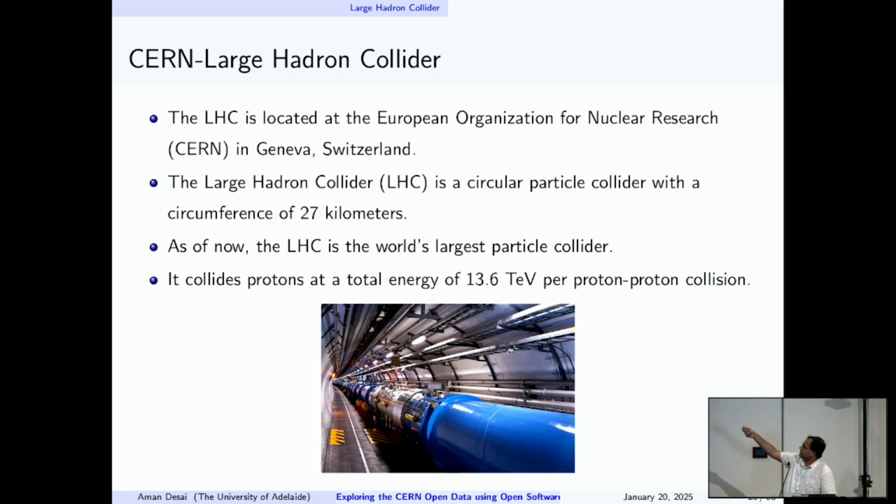This ring, this circular particle collider, is about 27 kilometers circumference. And the future circular collider that was mentioned that I work on is going to be 90 kilometers at the same place. At the moment, LHC is the world's largest particle collider. And it collides protons with this 13.6 TeV energy.